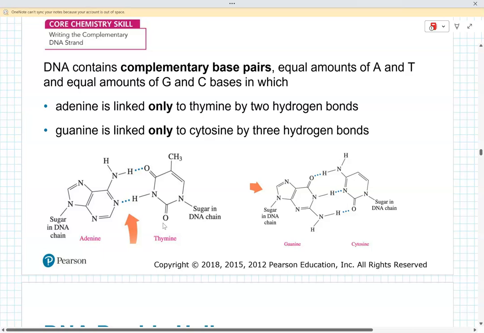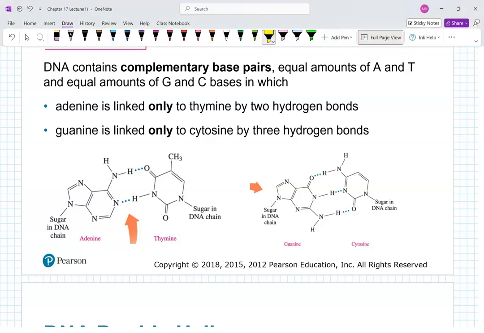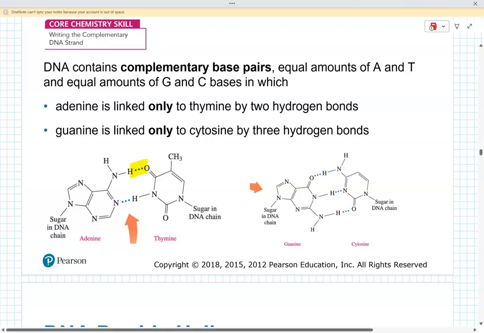So, as we mentioned, this base pairing is called complementary base pairing. On the left, you can see the pair between adenine and thymine. Okay? Does that make sense? So what happens here? Why do they pair?